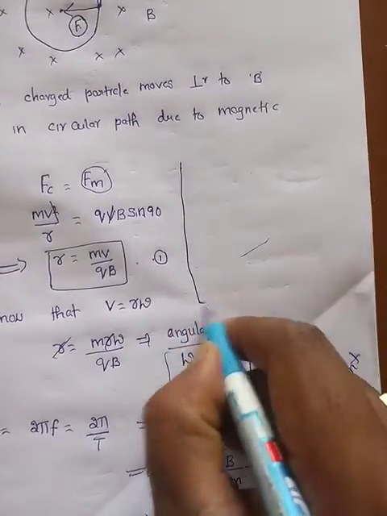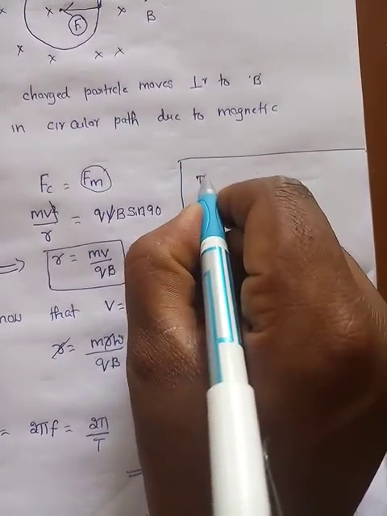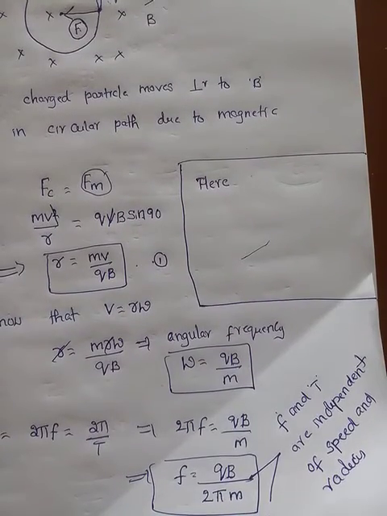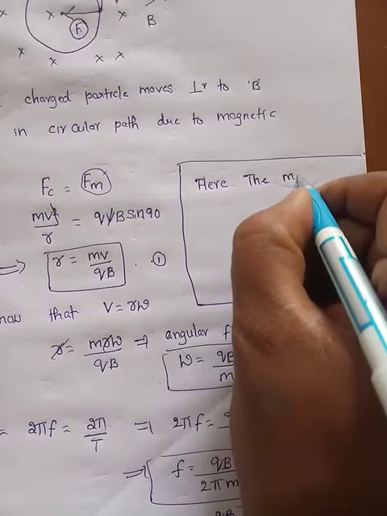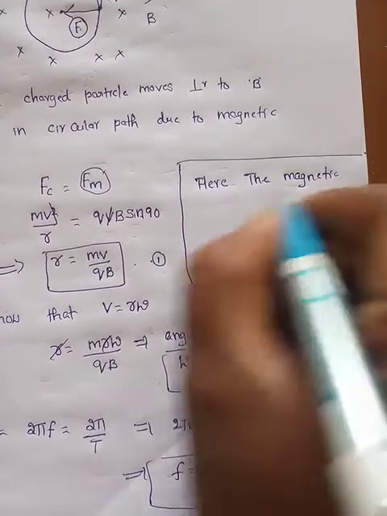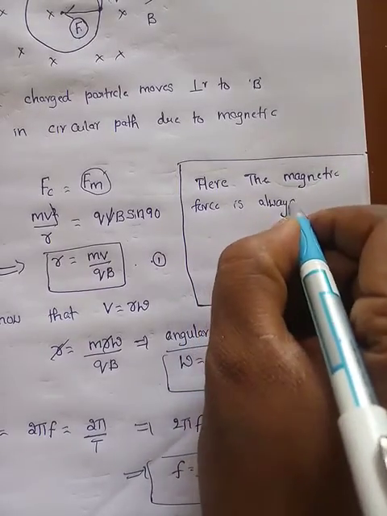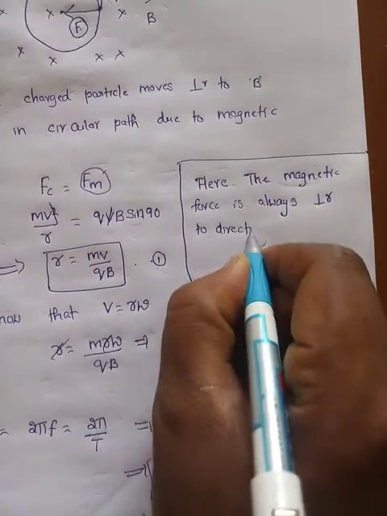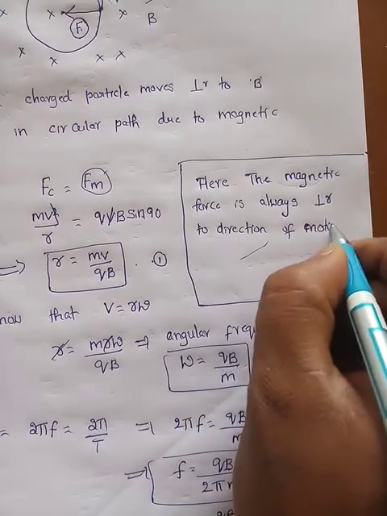And one more point I am writing here. In this condition we can observe one important point. What is the important point? The magnetic force is always perpendicular to the direction of motion of the charged particle.